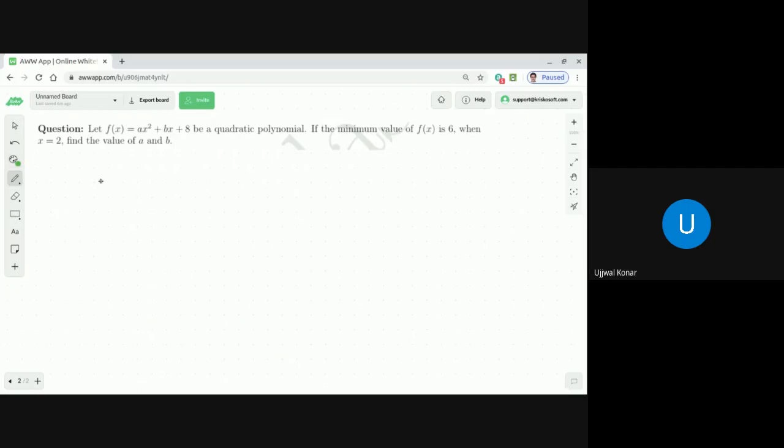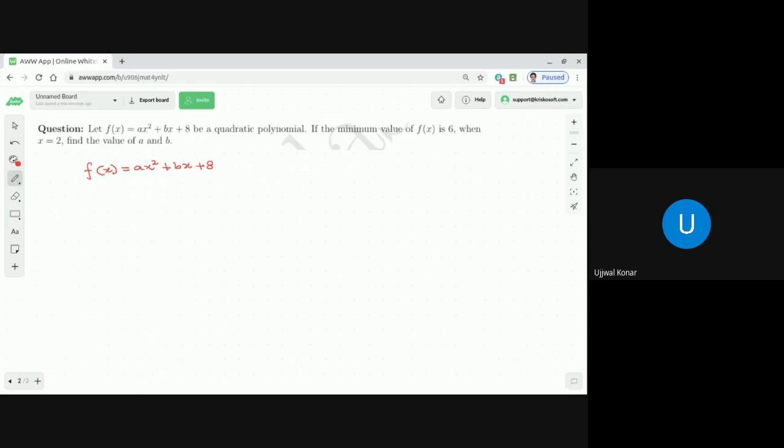See, one thing for sure, the way I am deriving it, you also join the discussion with me. f(x) equal to what? f(x) equal to ax square plus bx plus 8. Whether f(x) is maximum or minimum, one thing I'm pretty sure is that its maximum or minimum value is at the point minus b by 2a.